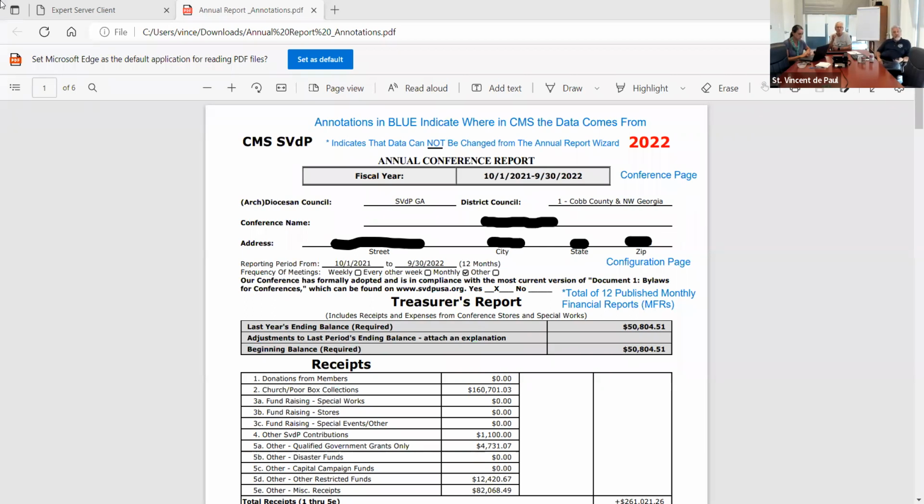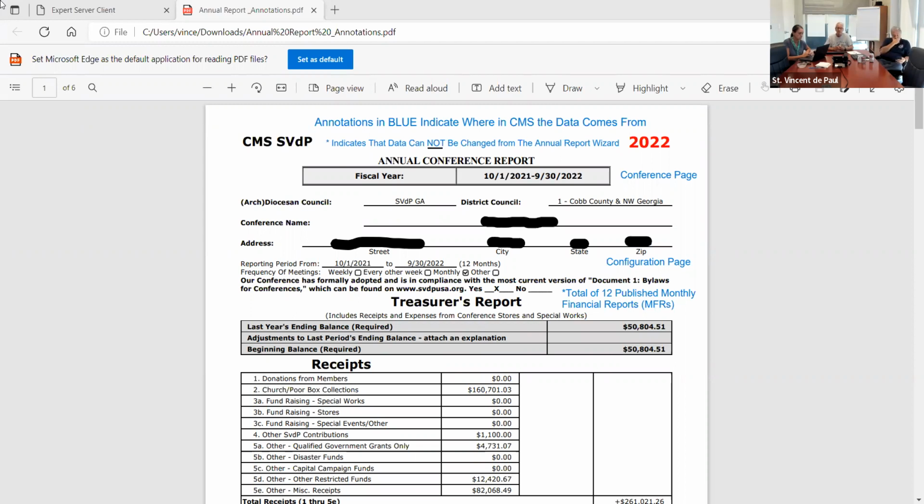As we go through this section by section, if you have a question, put your questions in the chat and Jennifer will be managing that. Then we'll stop at that section, answer all the questions, and move on to the next one. What I've done here is take an annual report, mark it up, and put some annotations next to each section.